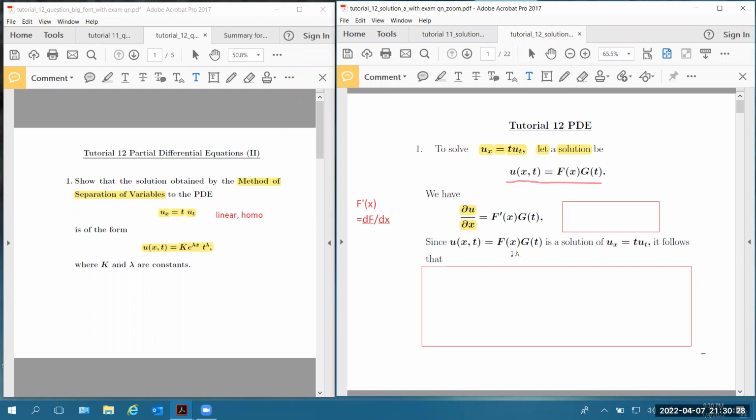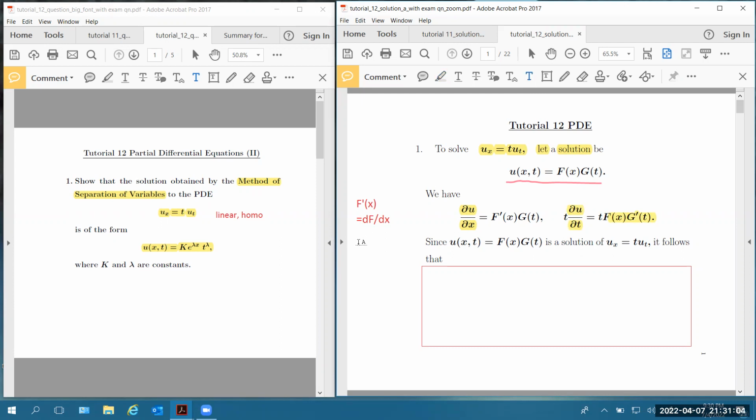Then the next thing is I also need the u_t, because in the PDE it also has u_t. So I must also compute del u del t. Your u is here, if you differentiate with respect to t, you are going to get f(x) g prime(t).